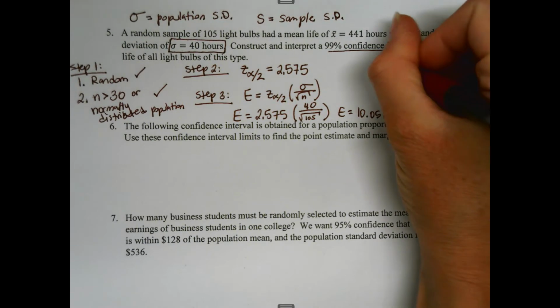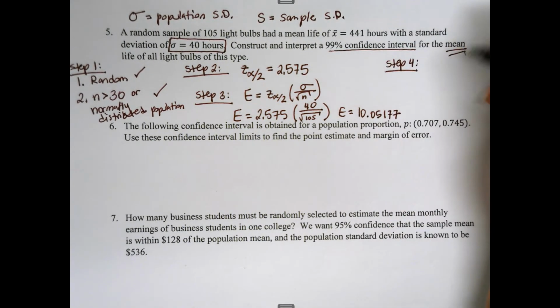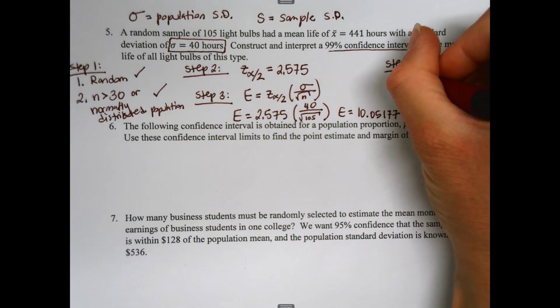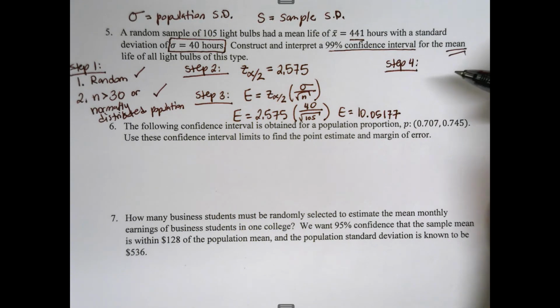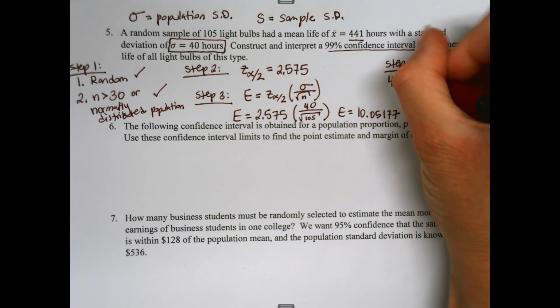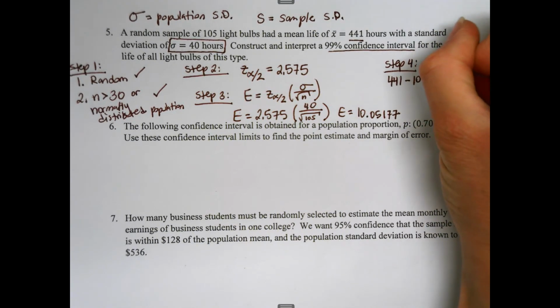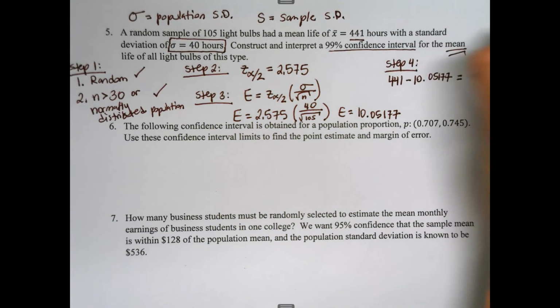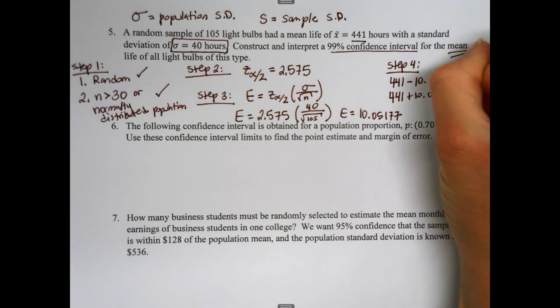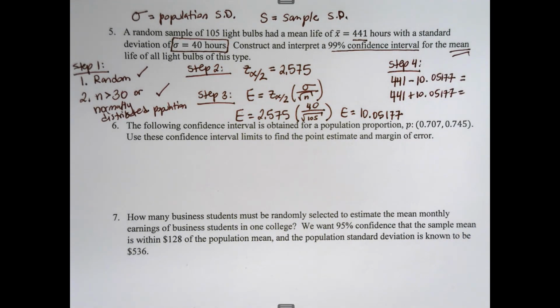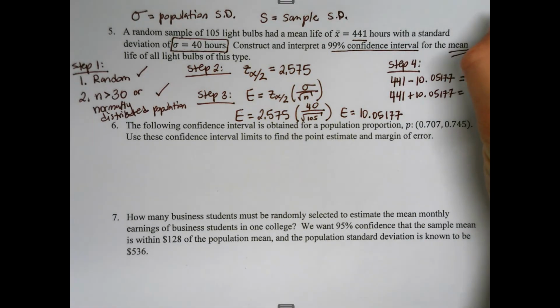Step 4 is to build that interval. We're going to take our point estimate, which in this case is x bar, and subtract away our E. And we're going to take our point estimate and add E. We get 430.9, so I'm going to round this to 431 hours.